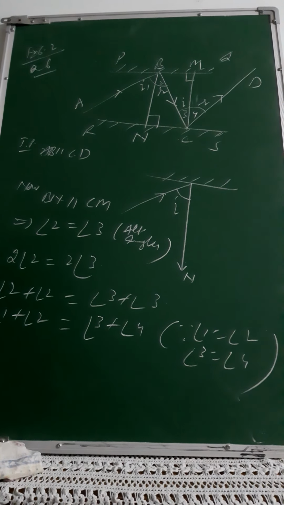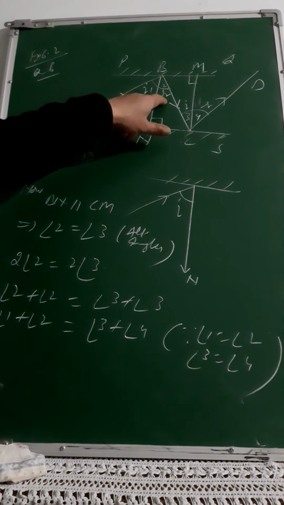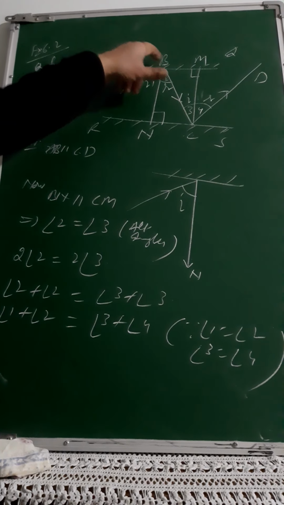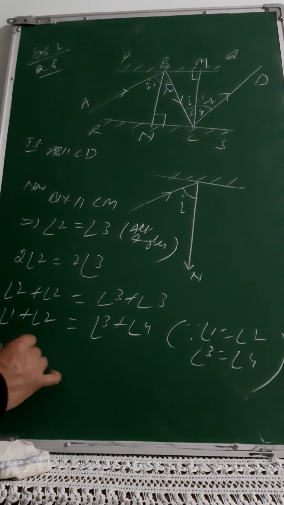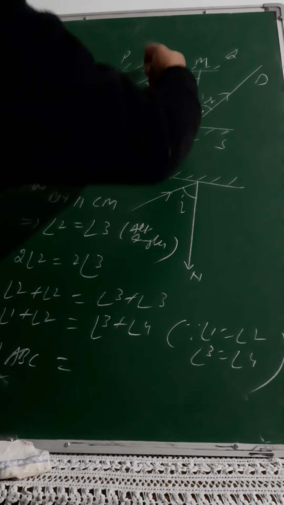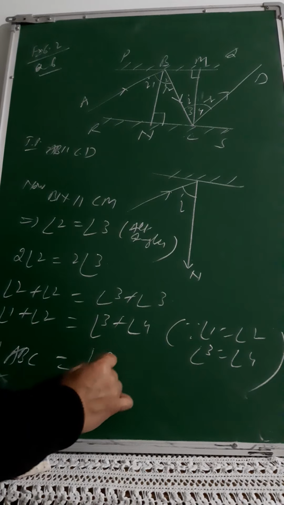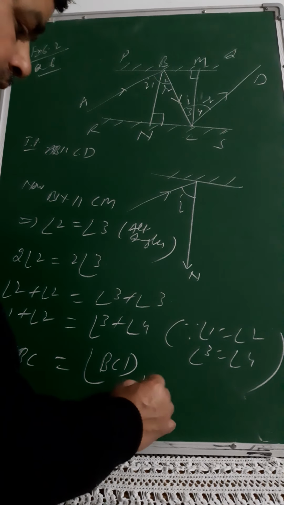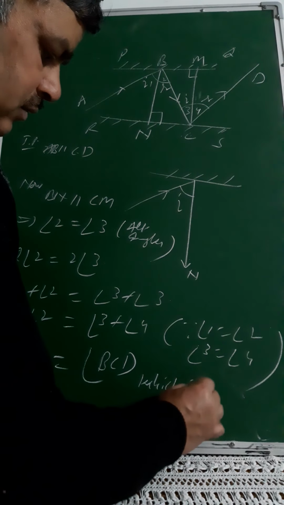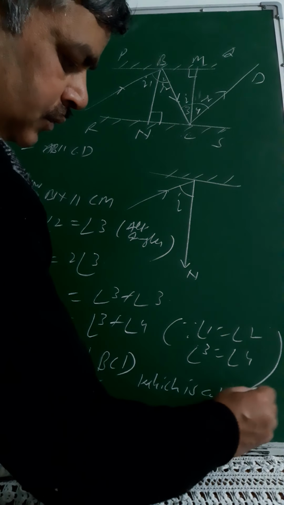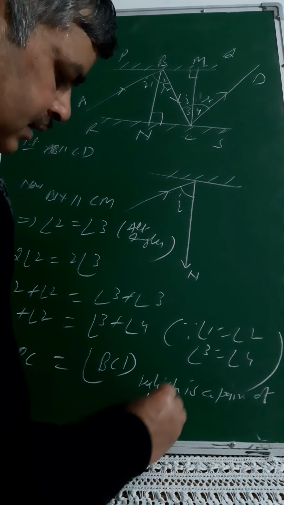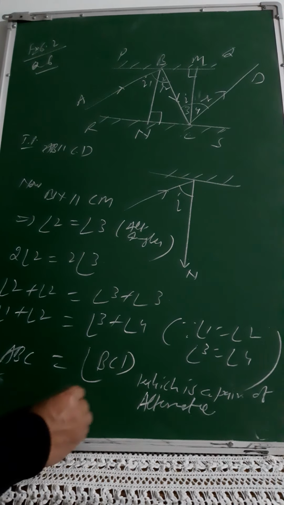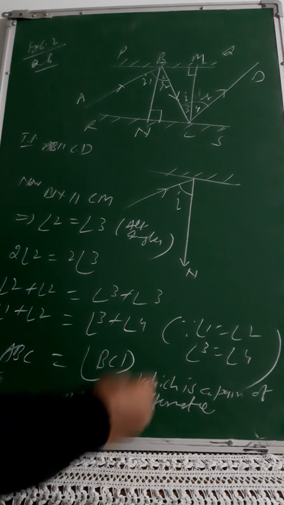That is the physics I am applying here: the angle of incidence is always equal to the angle of reflection. On behalf of that, your 1 plus 2 is your angle ABC, and 3 plus 4 is your angle BCD, which is a pair of alternate angles. Hence, by the converse, you can say AB is parallel to CD.